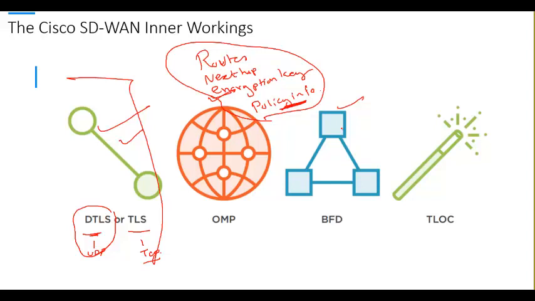It is actually a quality management detection protocol. Quality management, no, instead of saying management, I should say measurement. It can measure the quality of the link, of the tunnel. So quality measurement detection protocol, BFD.